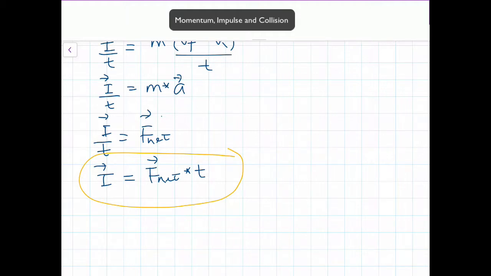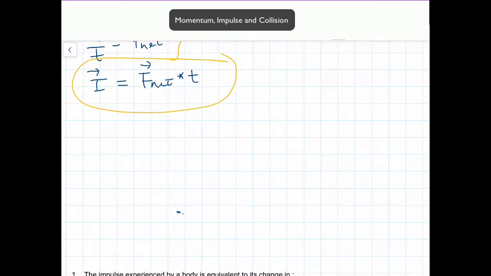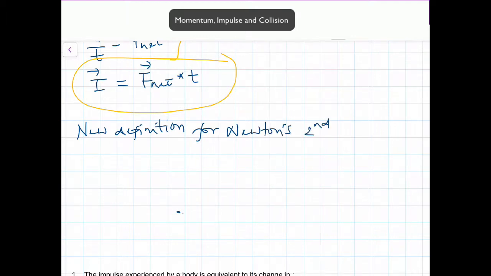Sometimes you may define Newton's second law this way. Newton's second law states that net force is equivalent to mass times acceleration, right? But now we came up with a new definition for Newton's second law. What would that new definition be?